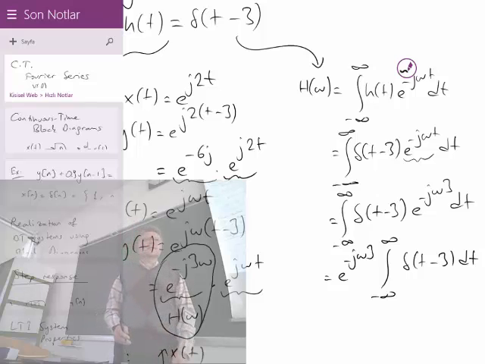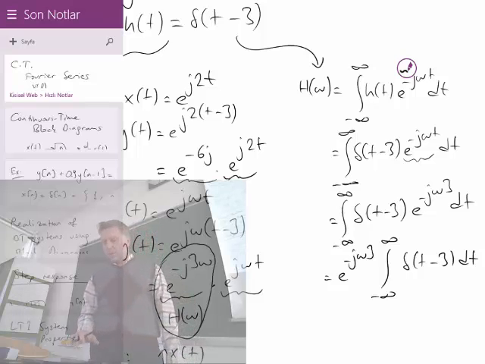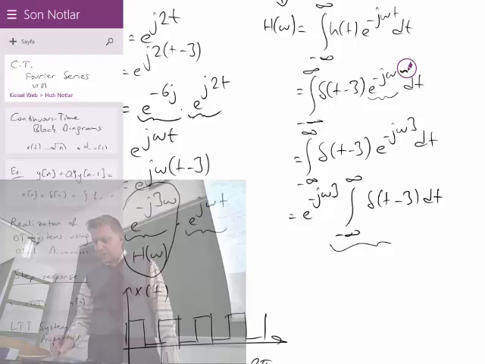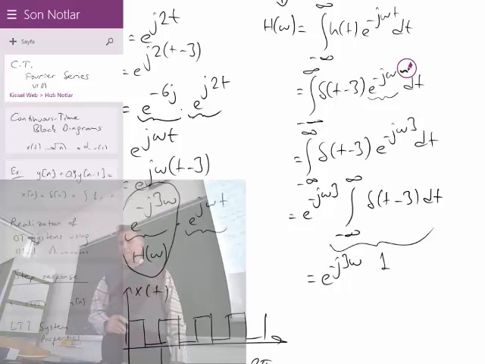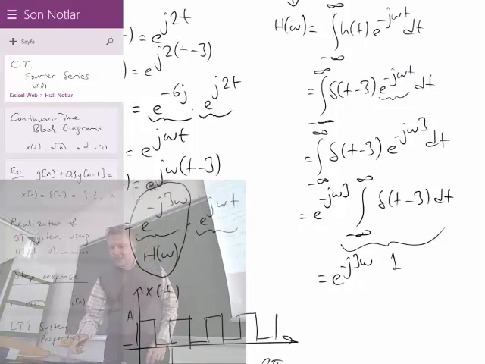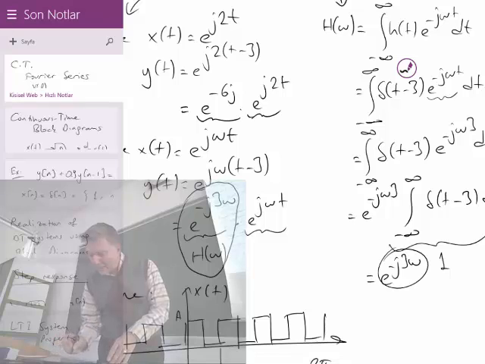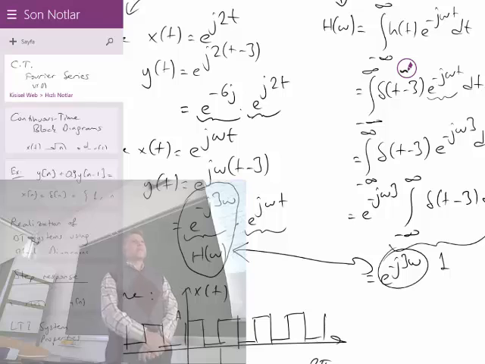And what is the area under the impulse? 1. So this portion will be equal to 1, and we will have e to the minus j 3 omega only, which is the same as this one. So using the formula, I came up with the same frequency response.